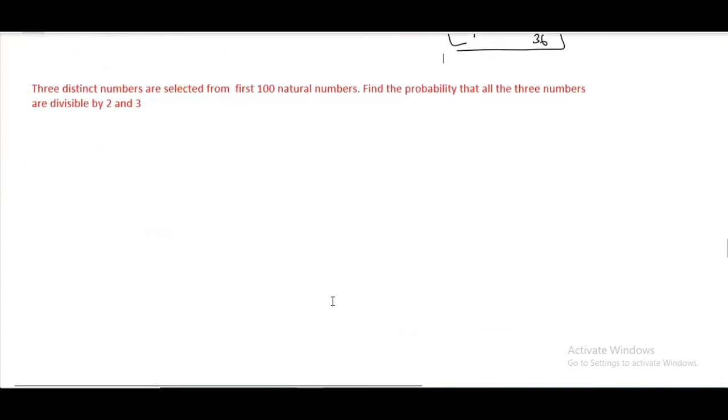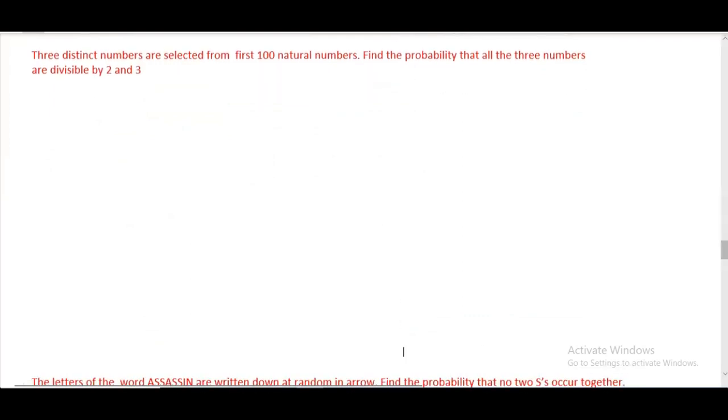So the question is, three distinct numbers are selected from first 100 natural numbers. Find the probability that all the three numbers are divisible by 2 and 3.